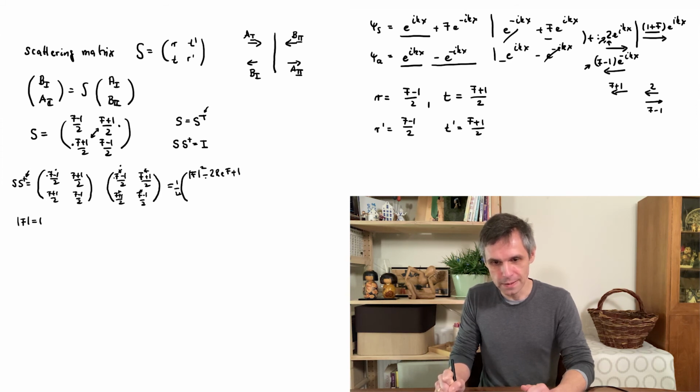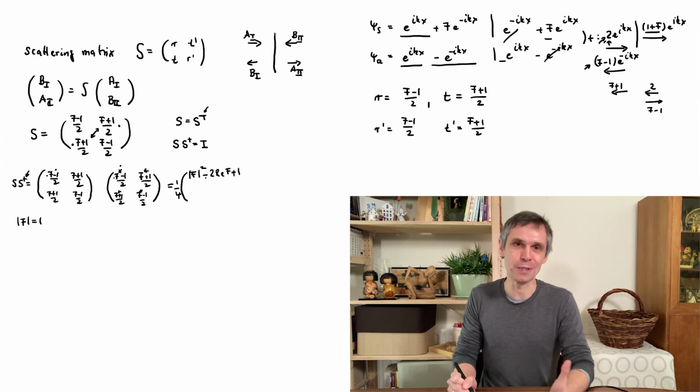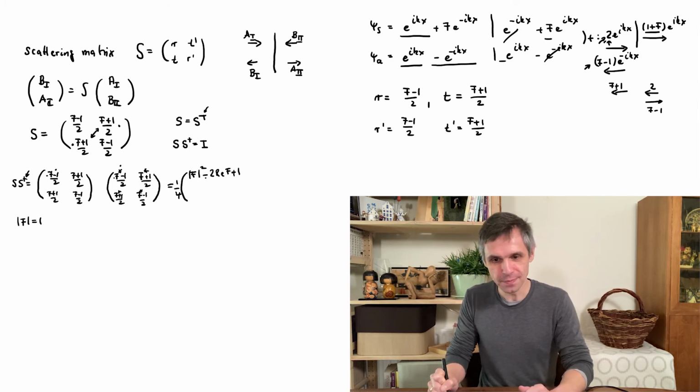All of this will be multiplied by 1/4 because we have these terms 1/2 everywhere. So this is multiplying this term with this term, and then we have to multiply this term with this term. So there we get again plus f squared, but now plus 2 times the real part of f plus 1. And this is the very first entry in there.